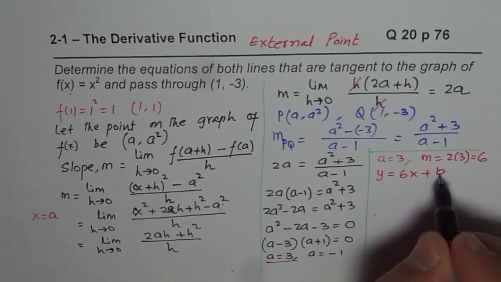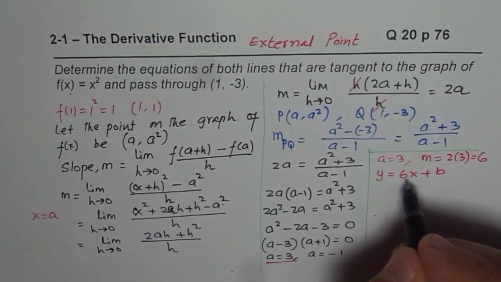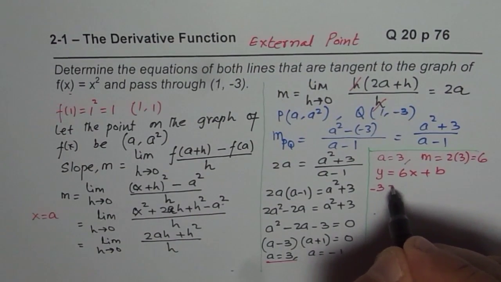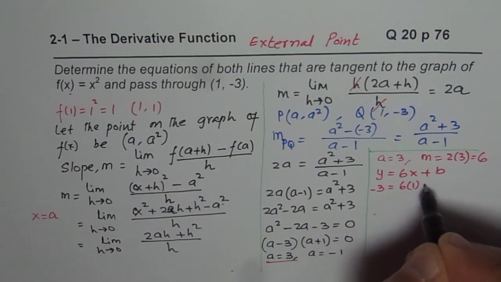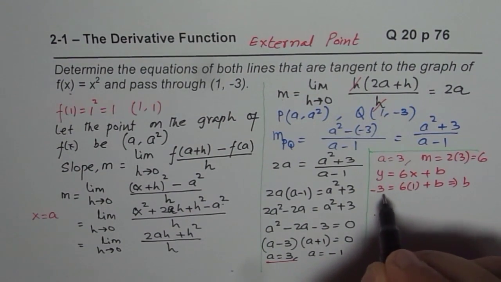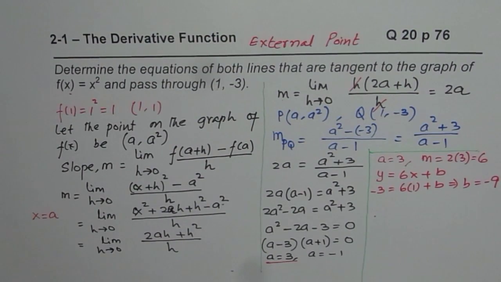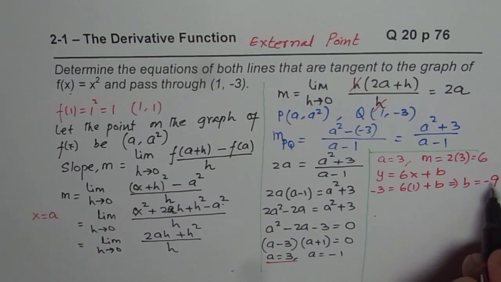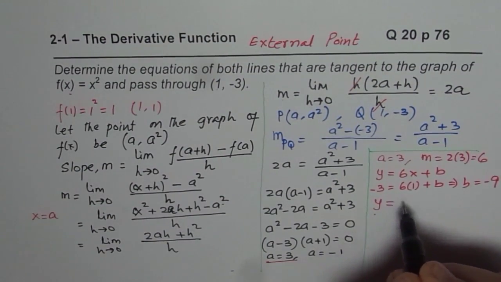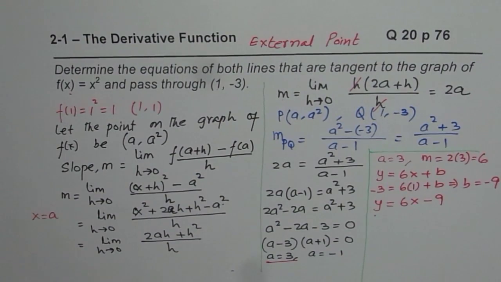To get the value of b, I'm going to use the point (1, -3). So x is 1, y is -3: -3 = 6 times 1 + b, and from here we get b = -3 - 6, which is -9. So we get our first equation: y = 6x - 9. So that is one of the equations, correct?